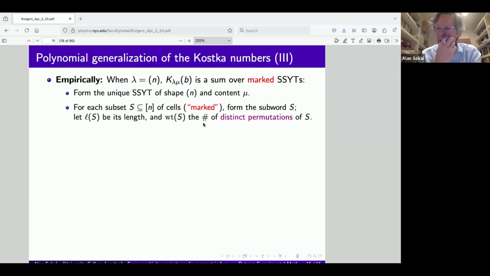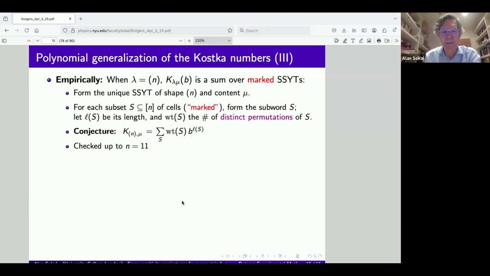If the marked cells are 1, 1, 2, then there are 3 permutations, and so on. And my conjecture is that this generalized Kostka number for this special case is B to the number of marked cells, with a coefficient which is the number of distinct permutations.